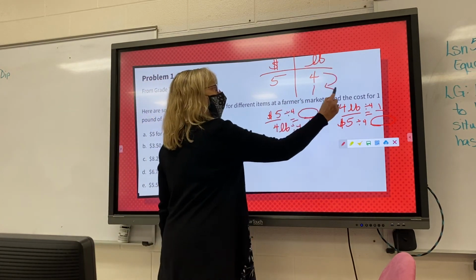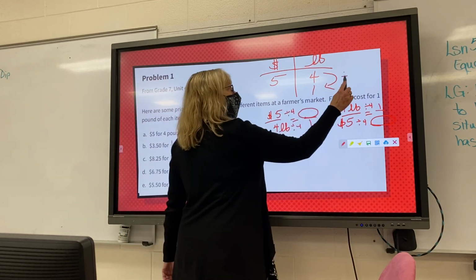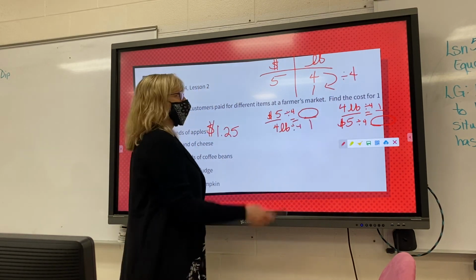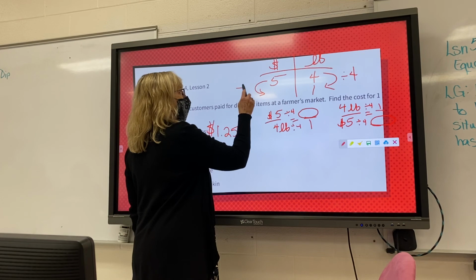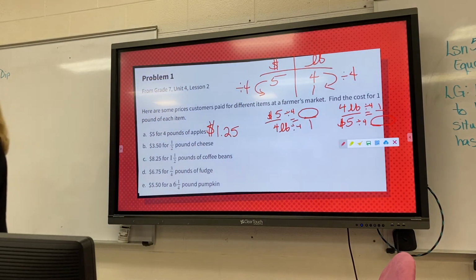What do I do to 4 to make it turn into 1? Divide it by 4 or multiply it by 1/4. They're the exact same thing. So what am I going to do here? Divide by 4. There's using scale. Okay. Could we use COP? Yep. Okay, as long as we made the pounds go to 1. That would have to be your X column. Okay? All right.